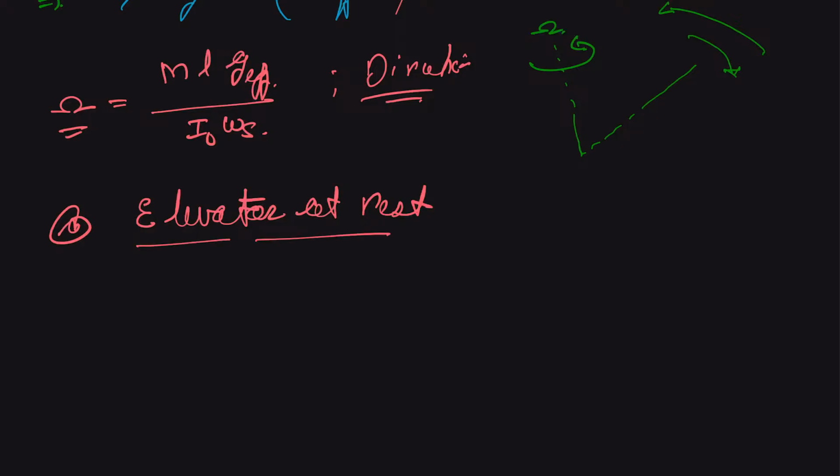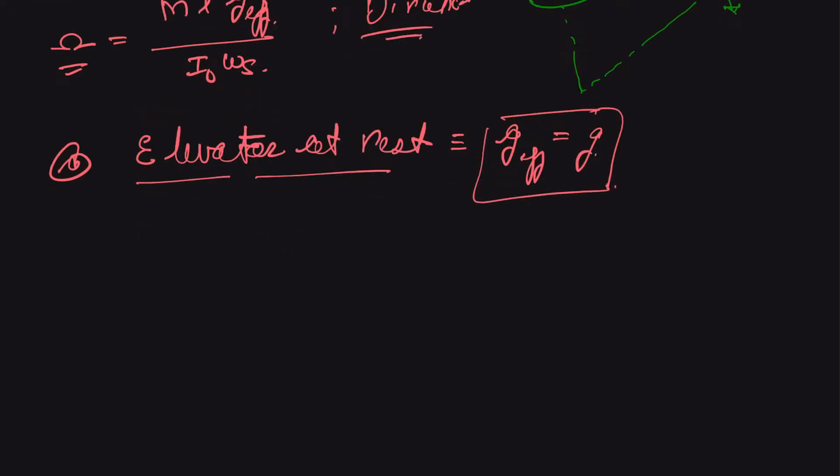And if the elevator is at rest, in the lab frame, our g effective will be equal to g. So in the lab frame, g effective will be equal to g. Therefore, we can simply use the given equation which we have solved.